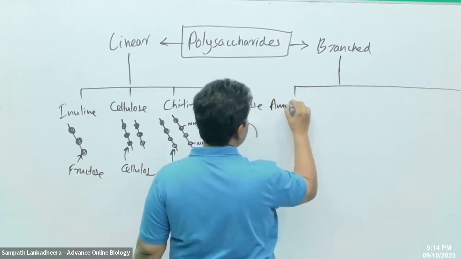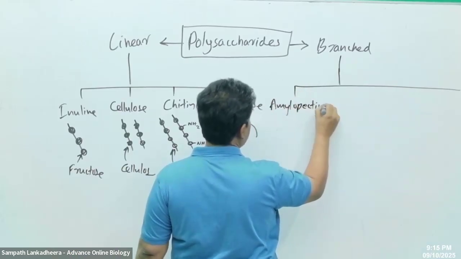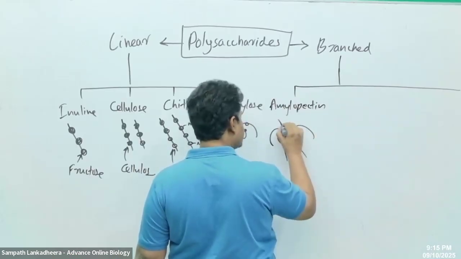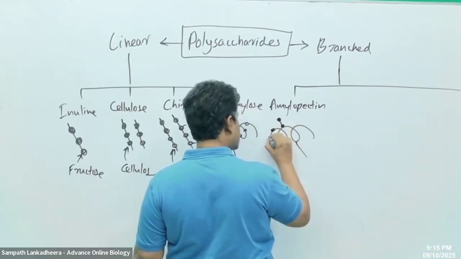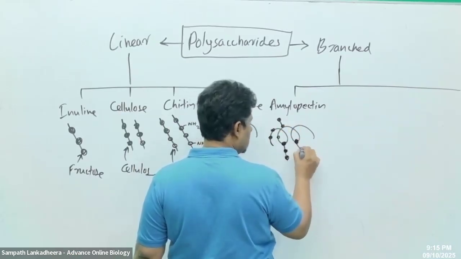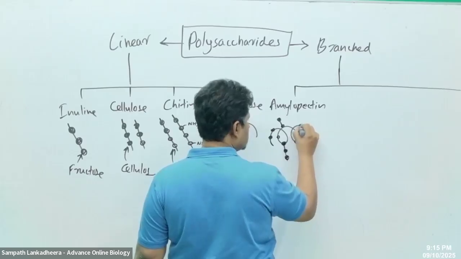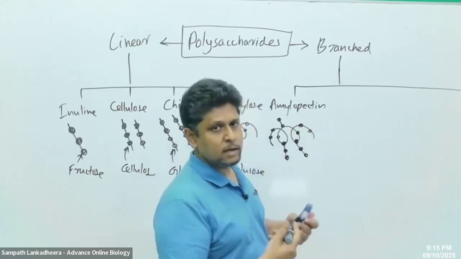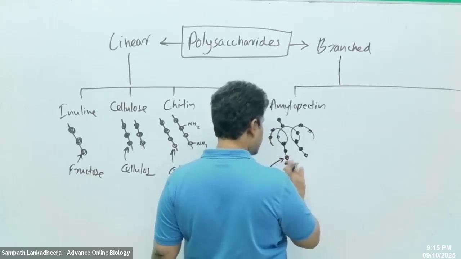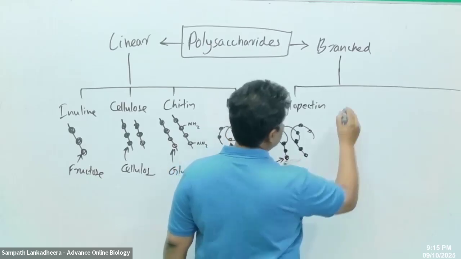Amylopectin. Amylopectin is similar to amylose, but you can see branches are there. Amylopectin with branches like this. These are glucose polymers. And then glycogen.